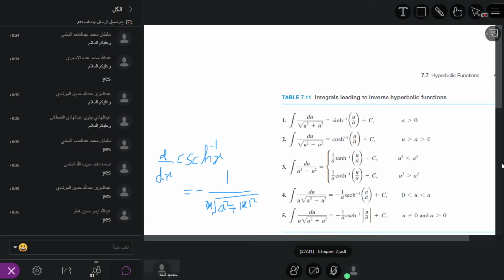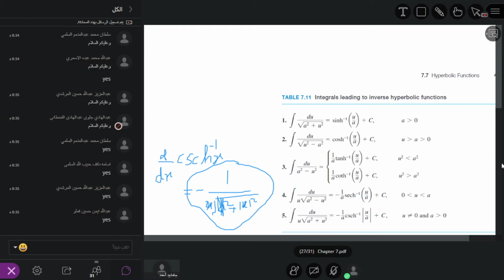Here if we put a equal to 1, then the integral of minus 1 over x square root of 1 plus x square is equal to cosec hyperbolic inverse x.